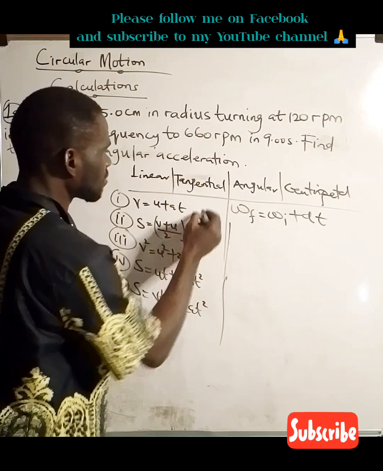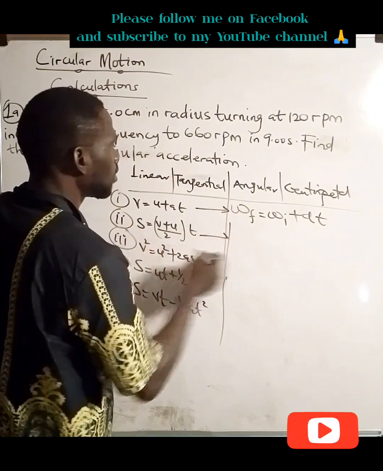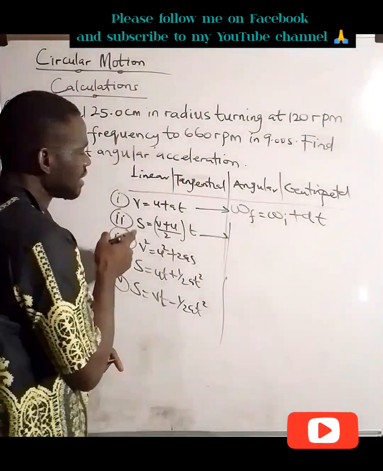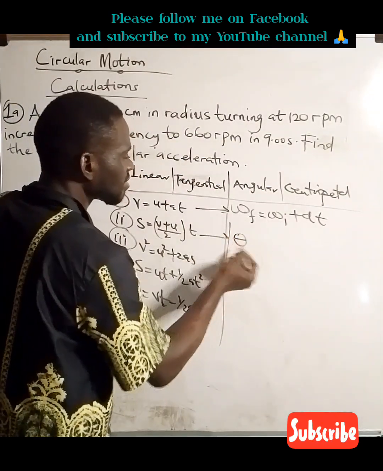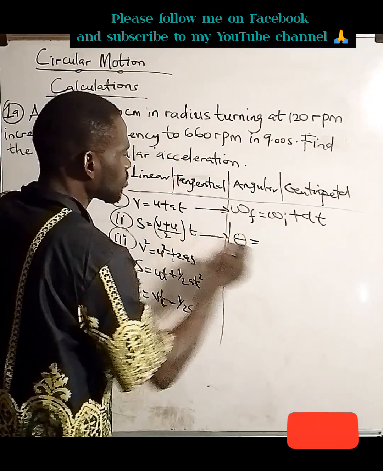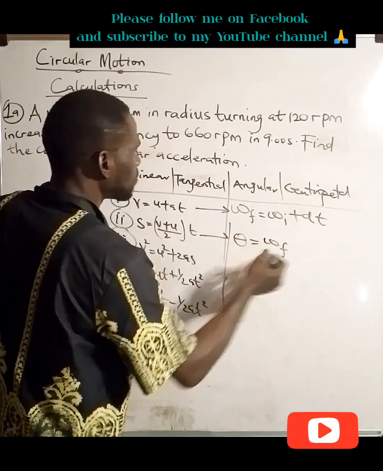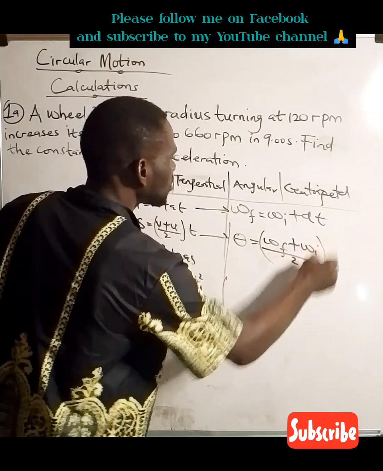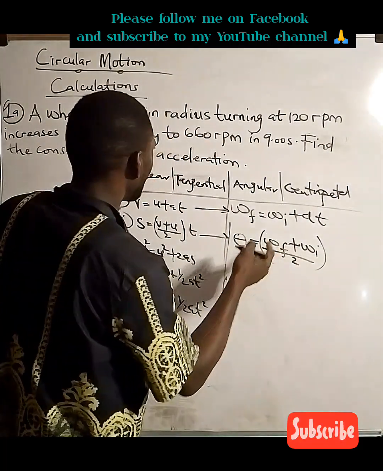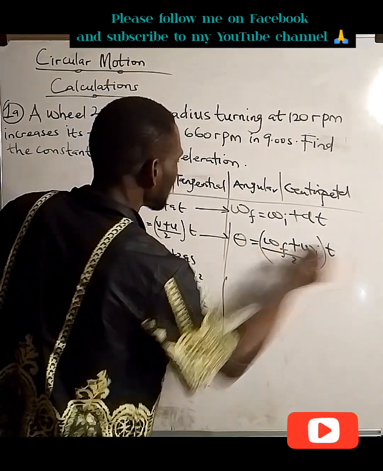The second: this was a linear distance, I beg your pardon. It's going to be angular distance in rev or rad equals final velocity plus initial velocity over 2, which is the average angular velocity, times time.